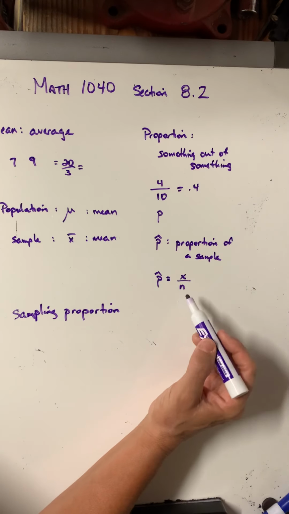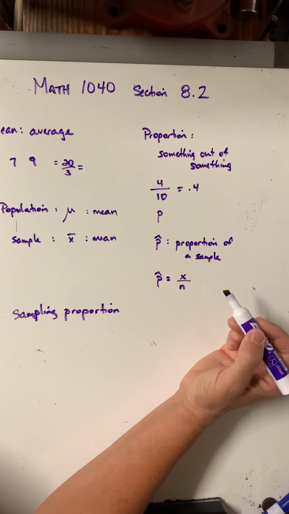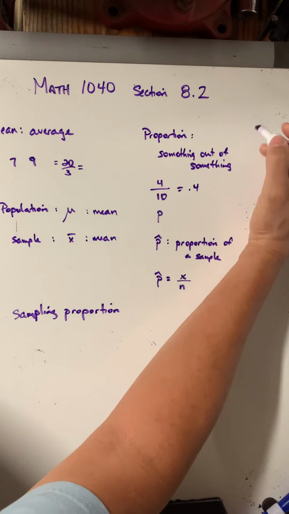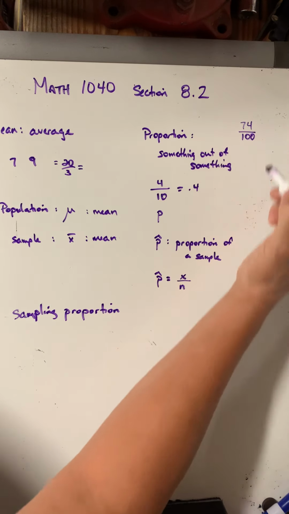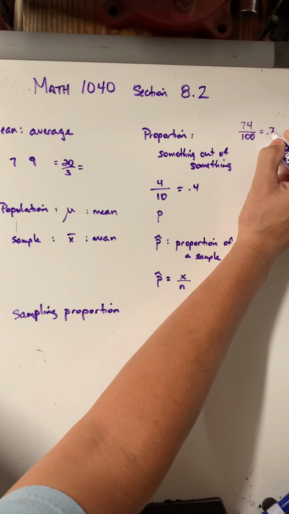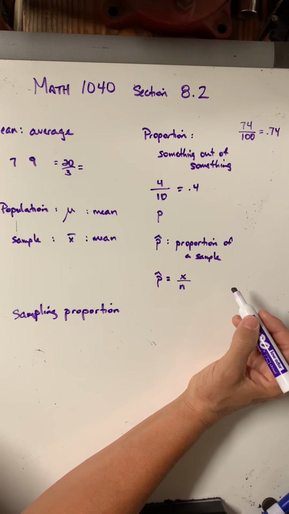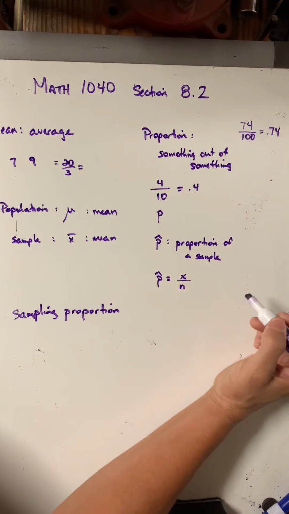No, because let's say my population would be all senators, and I wanted to know how many had children. And let's say out of 100 senators, 74 had children. So 74 out of 100 would be my proportion for the population. But then let's say I took a sample, and let's suppose my sample size was a group of 10 of them.